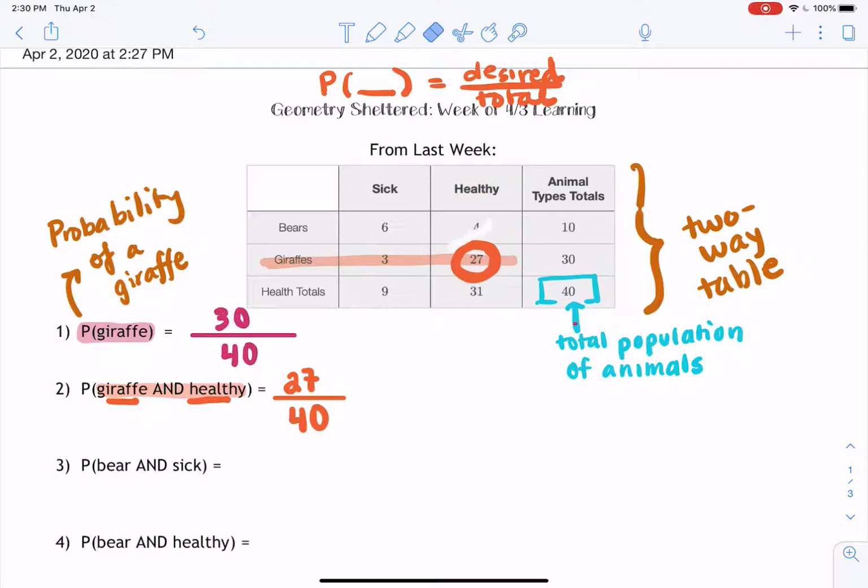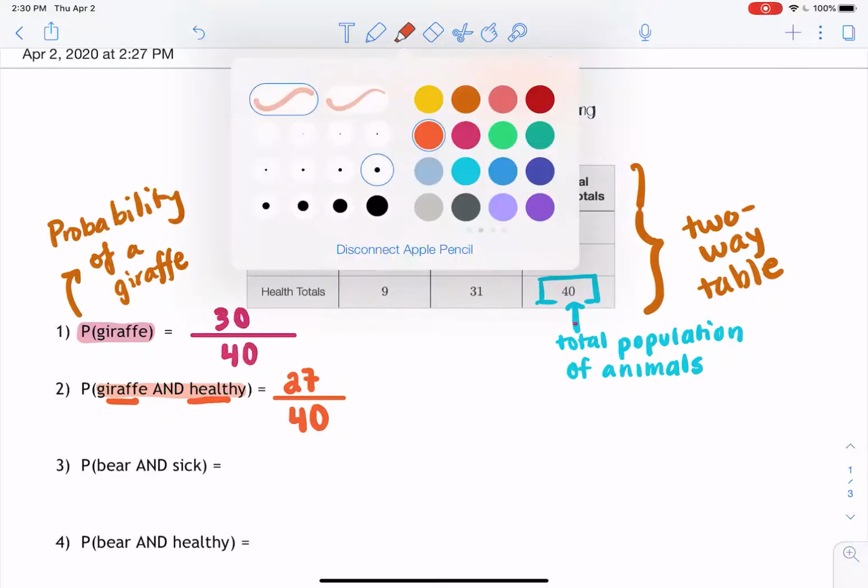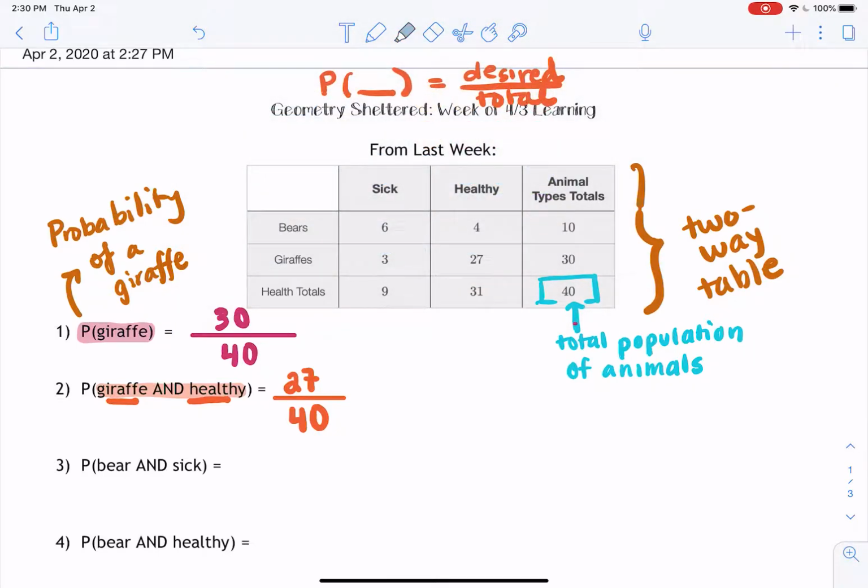So let's try that again with bear and sick. So we're going to go, where do we see bears? Here. Where do we see sick? Here. Where do they cross over? At the 6.